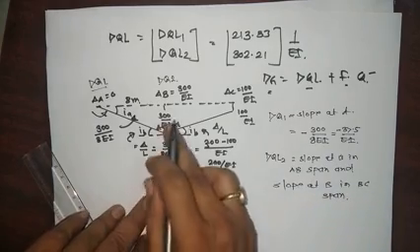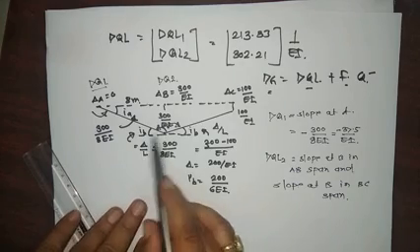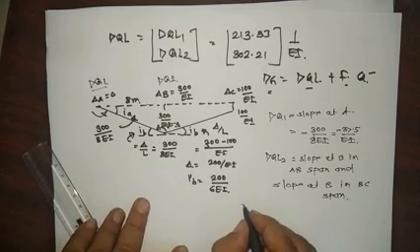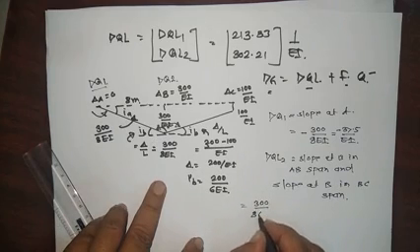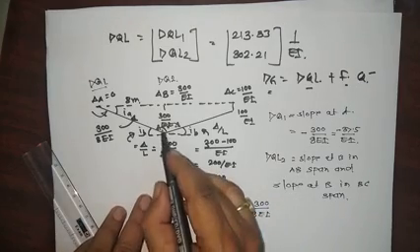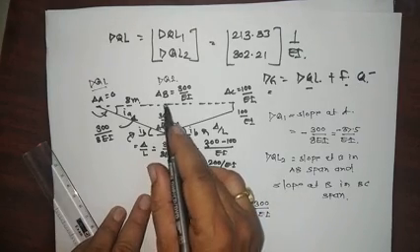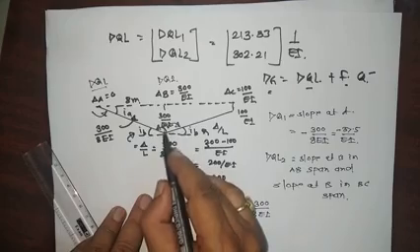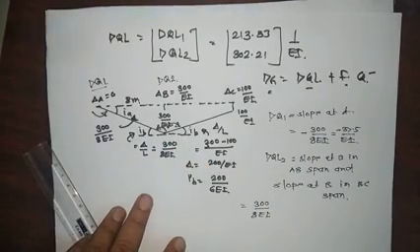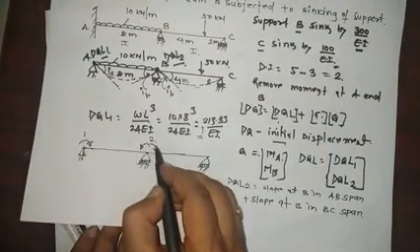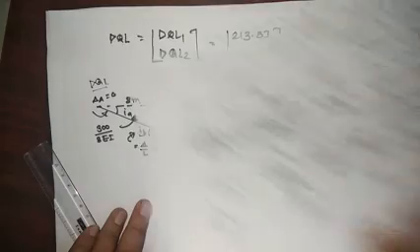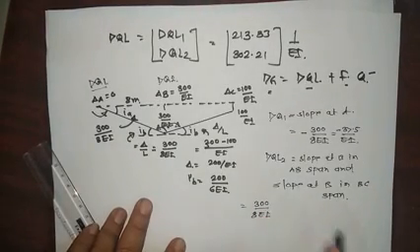Due to this sinking, in AB it is 300 divided by 8 EI. Now both these rotations due to the sinking are like this, and our assumed rotations are also the same. That is why both values are plus.